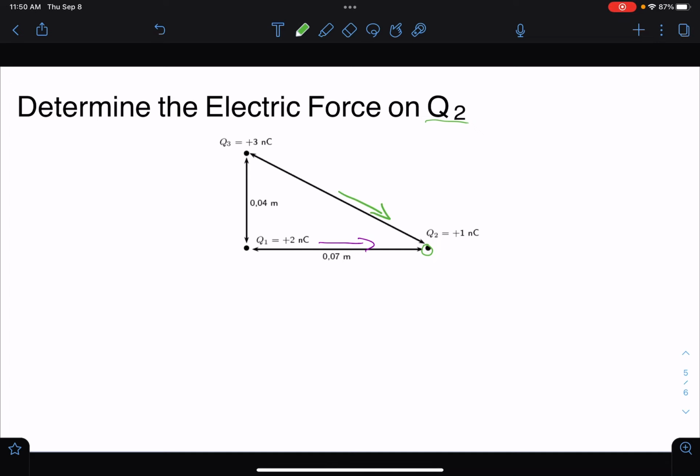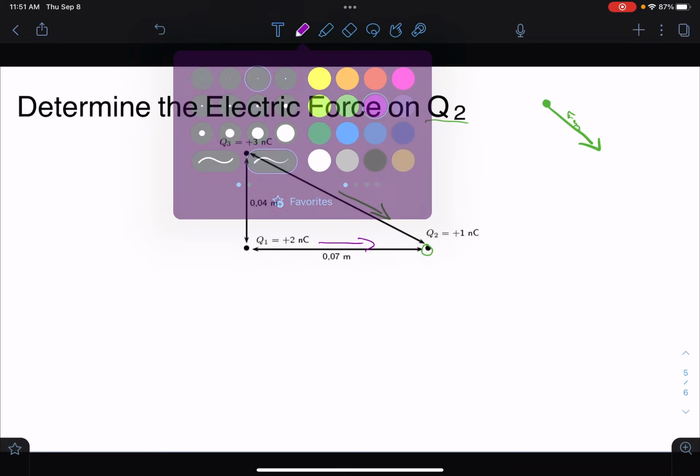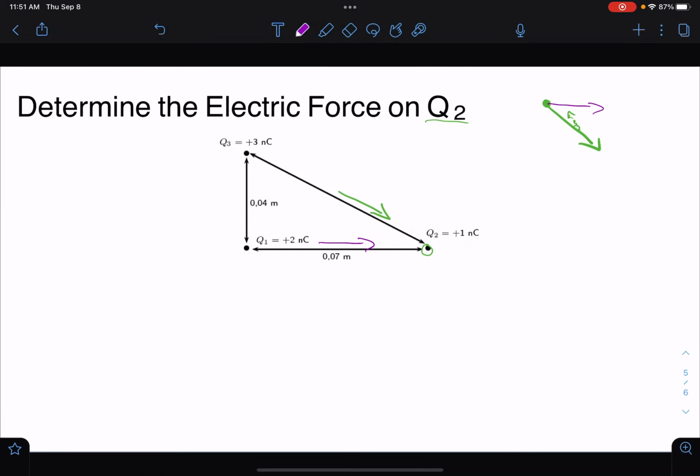Okay. So if I were to redraw this, if this is my force here, this is my force of 3 on 2. Okay, and then this is my force of 1 on 2.